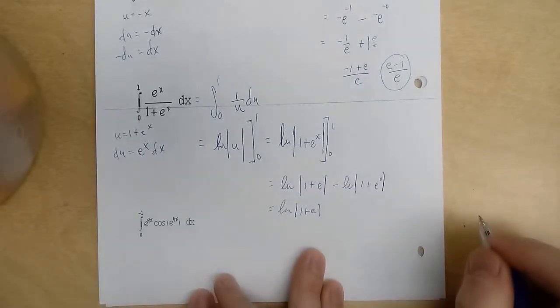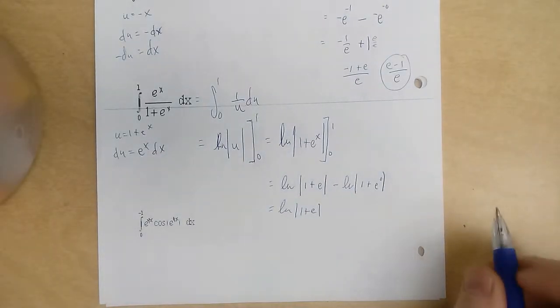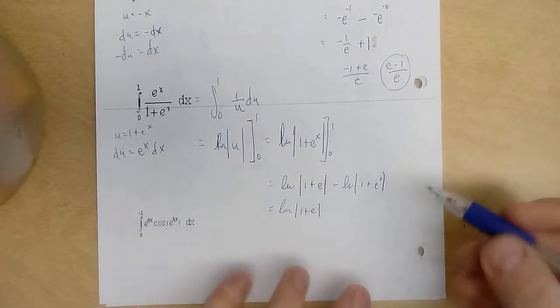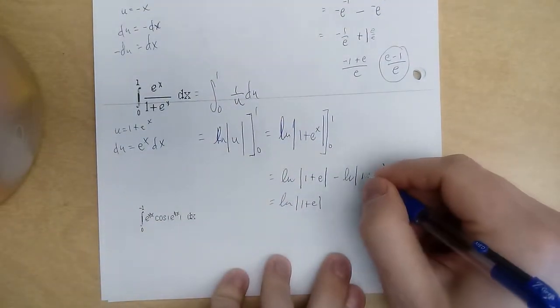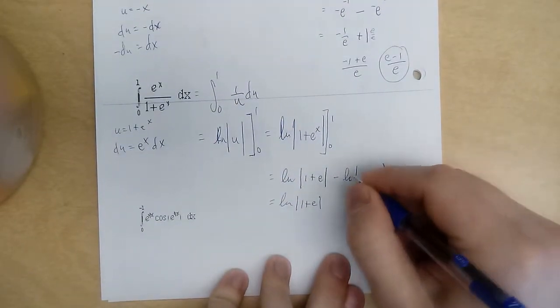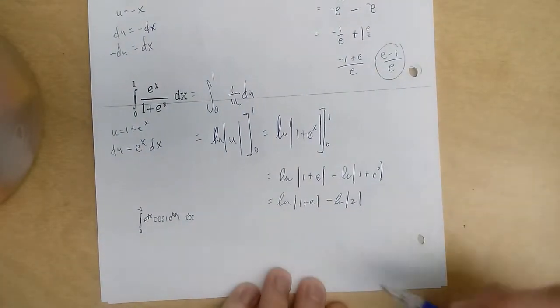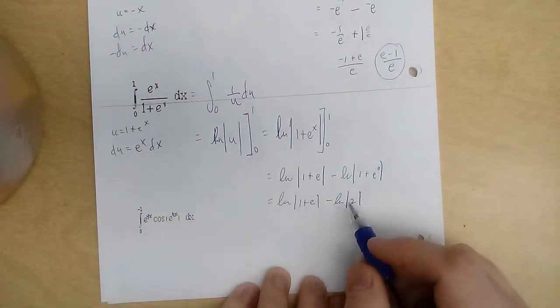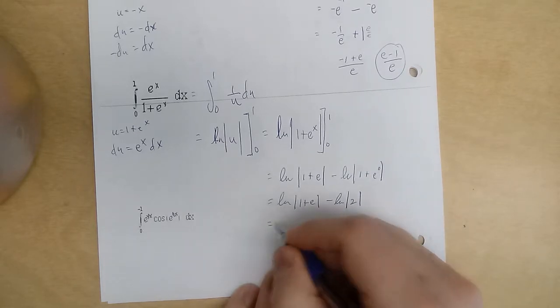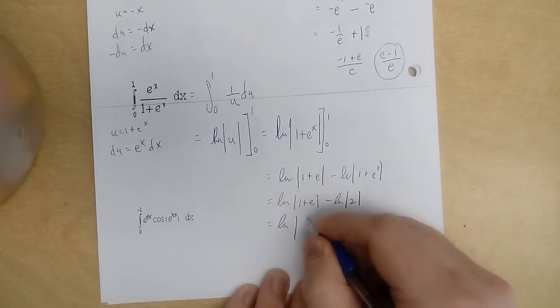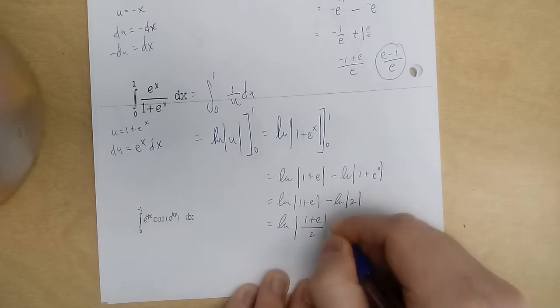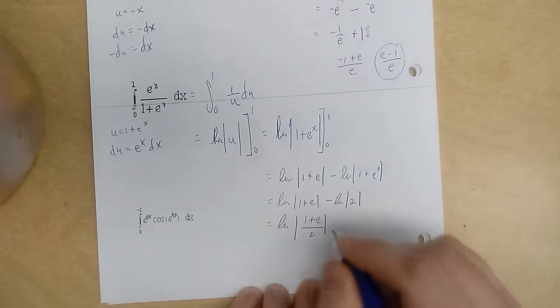We could use our calculator if we really want to get the decimal, but I don't care about that right now. That would be the way that I would leave that. Or since we are subtracting 2 logs, we could write the natural log of the absolute value of 1 plus e divided by 2. That'd also be good.